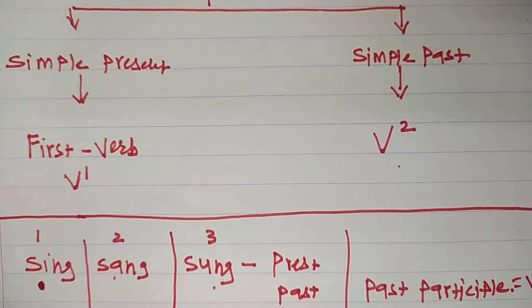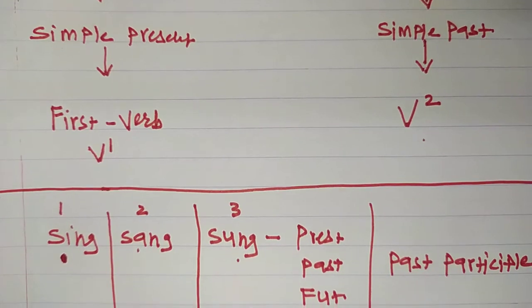And the same is about past also. When you write a sentence of simple past, you should see whether I have written the second form of the verb or not. Okay, these things matter a lot.